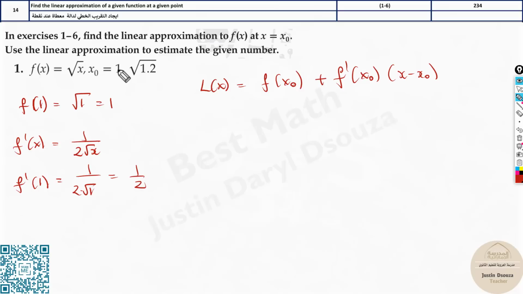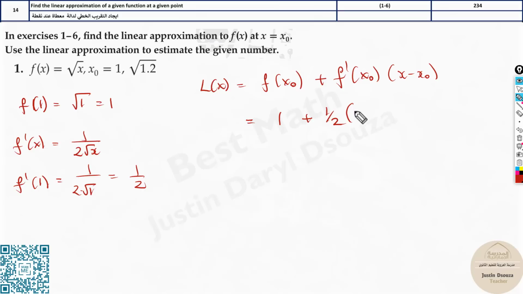So first thing is x naught. x naught basically is given as 1. So we find f of 1. So over here, let me just substitute. It's 1, right? And then f prime or f dash, the derivative of x naught. The derivative of f of x is here. We substitute the x naught value and get half. And then what next?